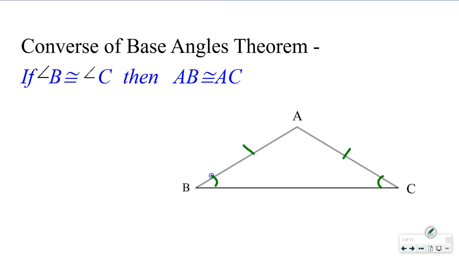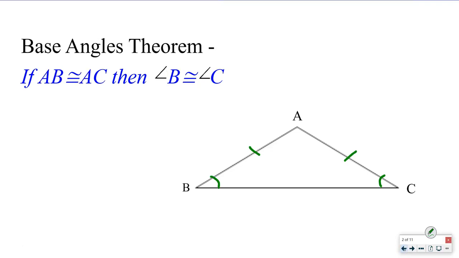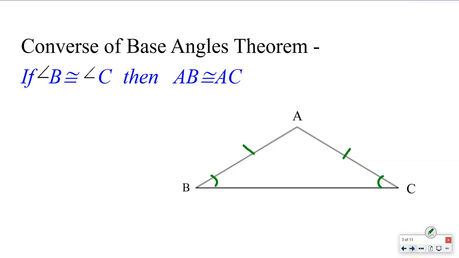Remember our conditional statements and our converse, they are flipping the hypothesis and conclusion. So looking back at that base angles theorem, that's our conditional statement. We know the sides are congruent, and then we know those 2 angles are congruent. The converse is if we know those 2 angles are congruent, then we know those 2 sides are congruent.